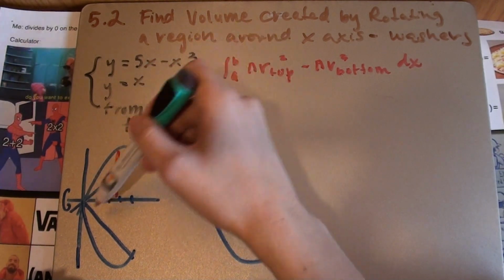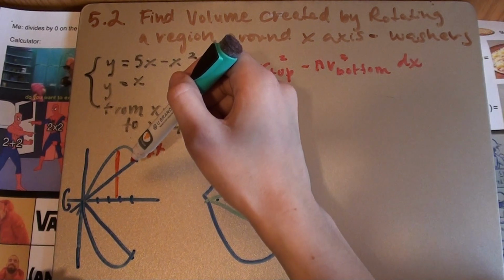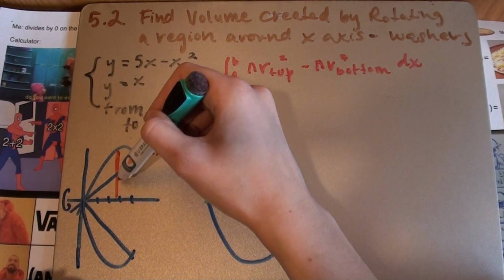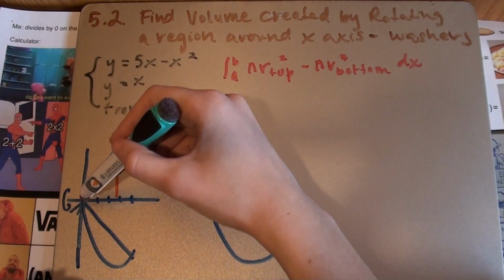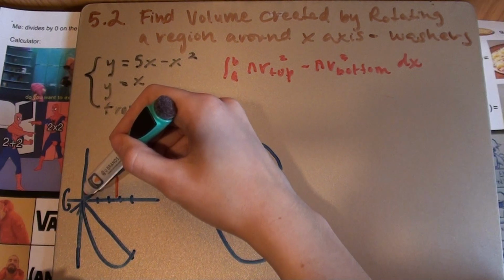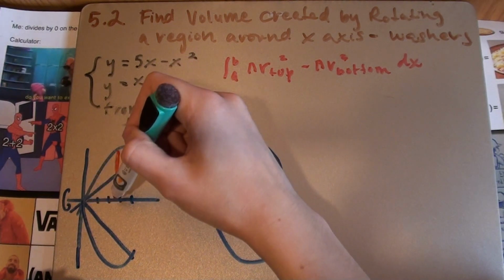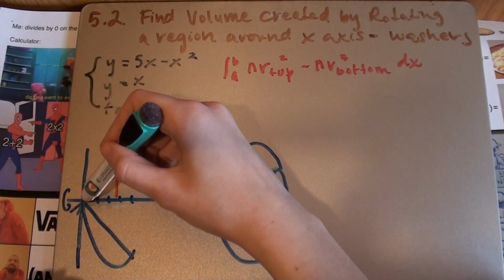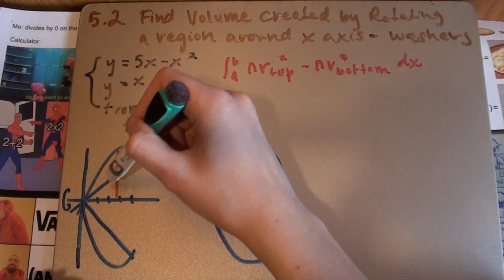But here we have two functions, right? So it makes things a little bit different because we don't want to include this area down here. Since we're only working with the area within these two curves, we have to take the length of the rectangle to the function here and subtract out the length of the rectangle to the function y equals x.